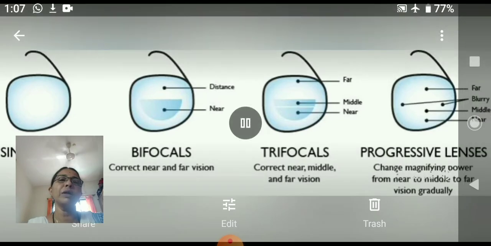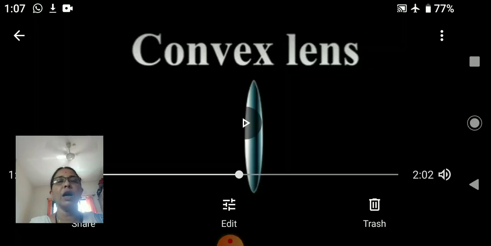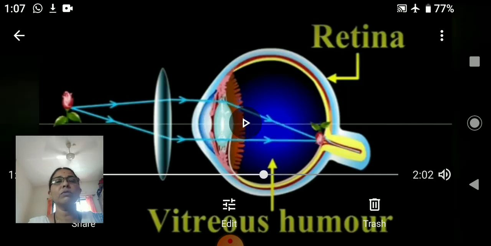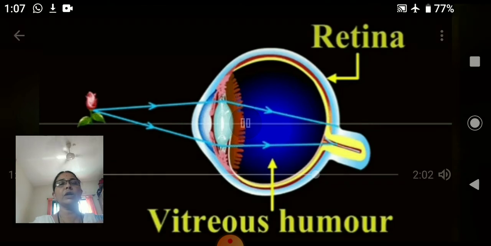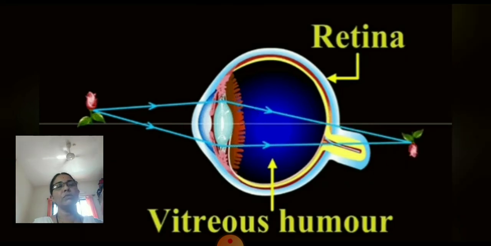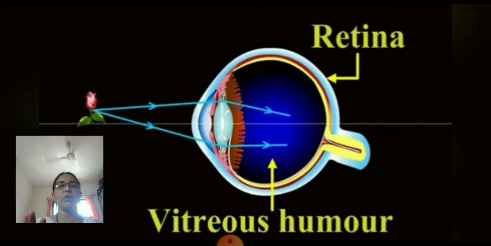There are many types of specs used for different types of defects of the eyes. Once again you can see all those videos properly and recall.